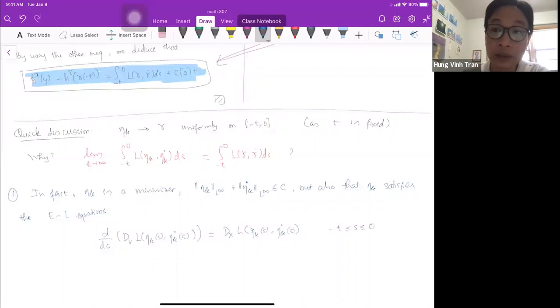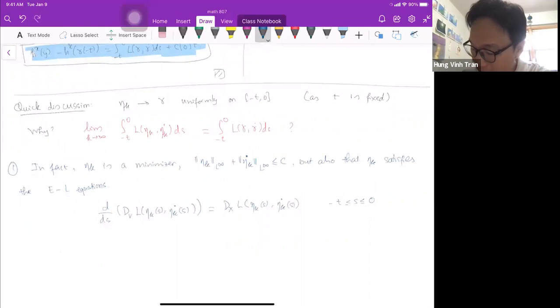And then you can write this one down more explicitly. Equivalently, if you do the differentiation, right? Many times I skip the differentiation, but I'm doing it today.